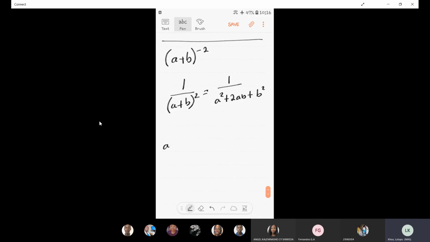So for long division, I have a squared plus 2ab plus b squared, and then I put my 1 over there. And then I do the division the way I normally do. I always say whatever I have here divided by the first term, I write the answer over there, then I multiply that with this one, put it there, multiply that with this one, put it there, and then I subtract.